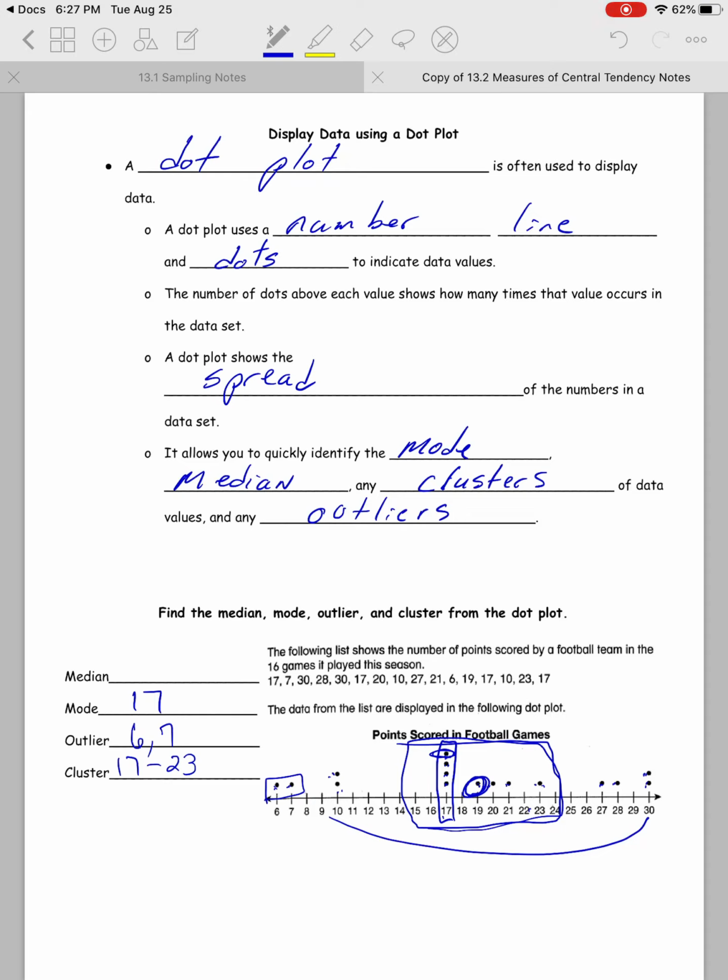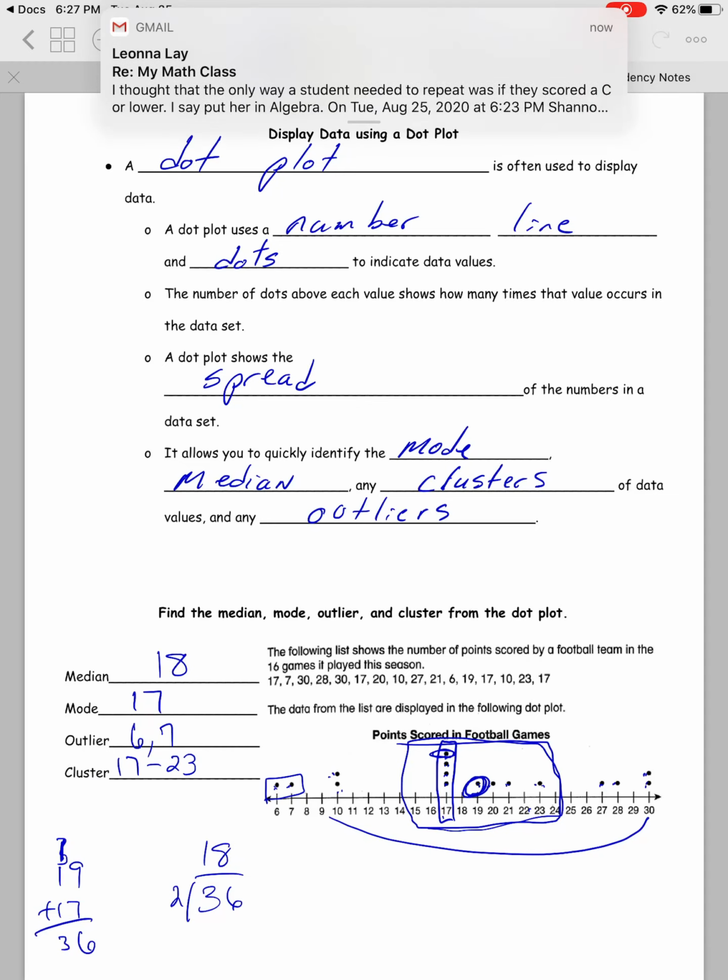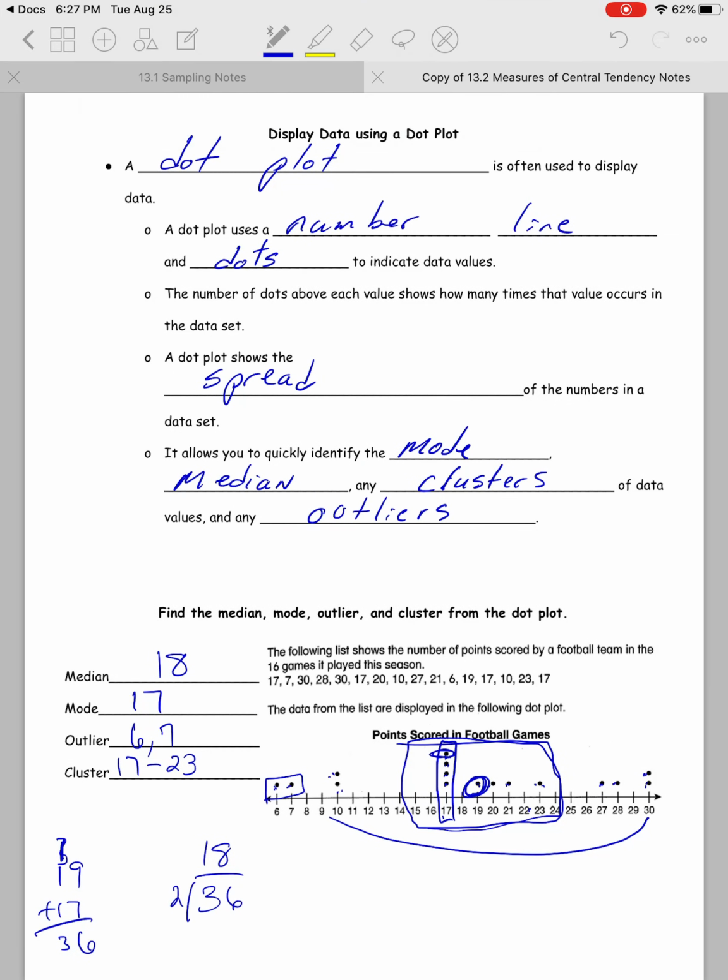The other one's going to be 19. So 19 plus 17 is going to be 36. And now 36 divided by 2 gives you 18. So your median, or the middle, would be 18.